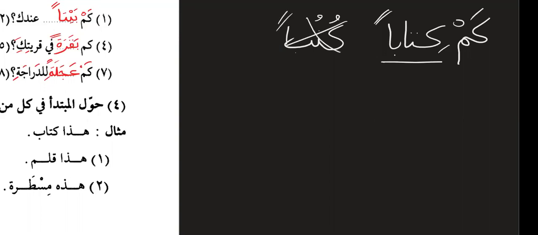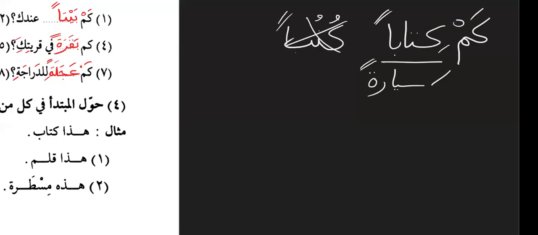No, it has to be كم كتابا, using the mufrad, the singular. And it always ends with an alif. And if the word has a ta marbuta, like for example, sayyara, then it just ends with two fathas. كم سيارة عندك, كم كتابا عندك.